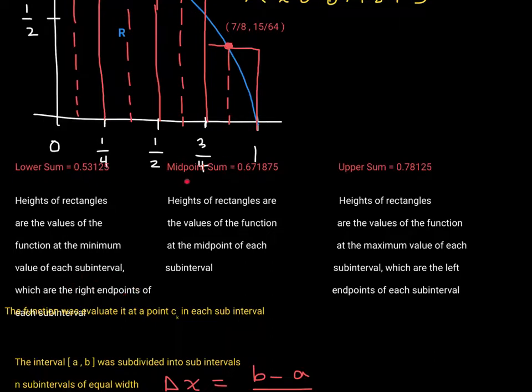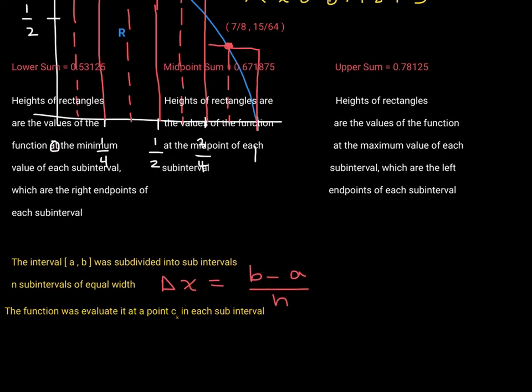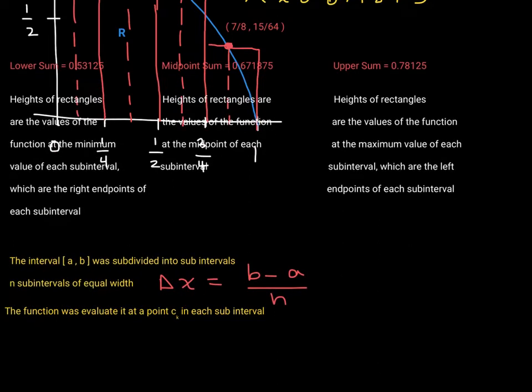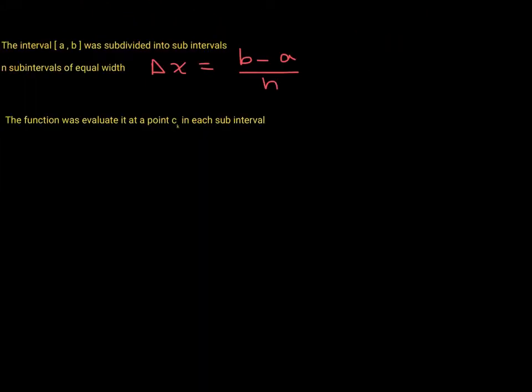And for the midpoint sum, C sub k would be the midpoint of each subinterval. So this C sub k is a point from each subinterval at which we're evaluating our function, and it gives us the height of the rectangle.